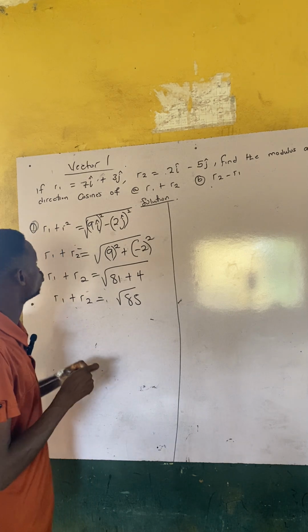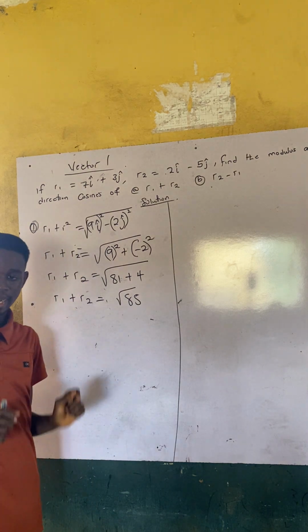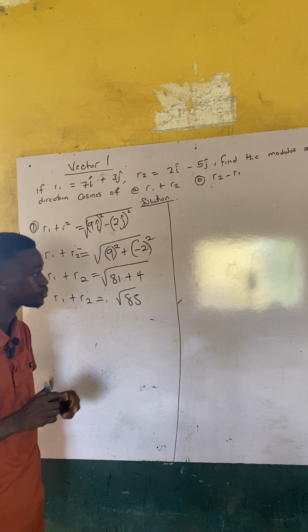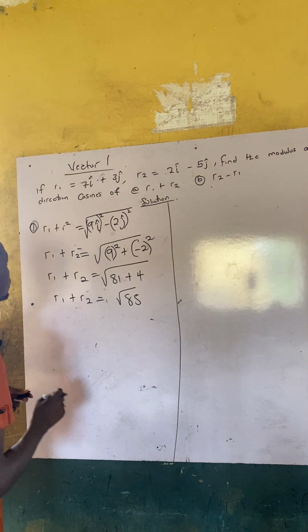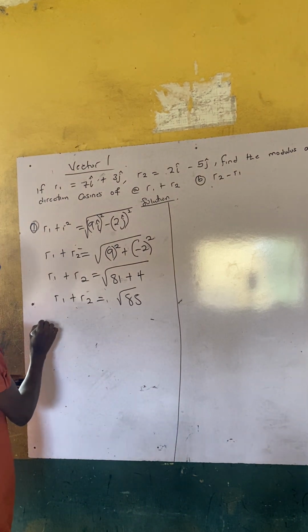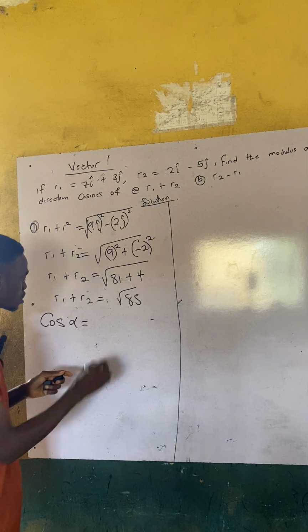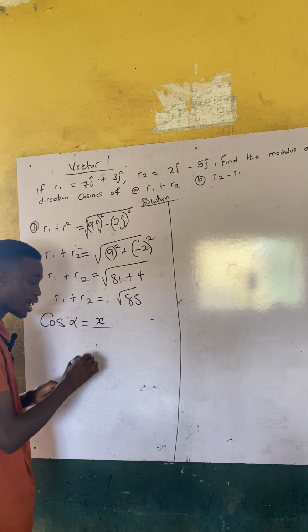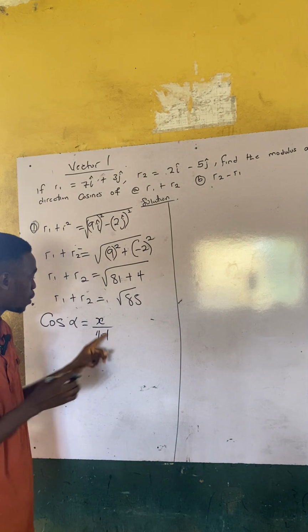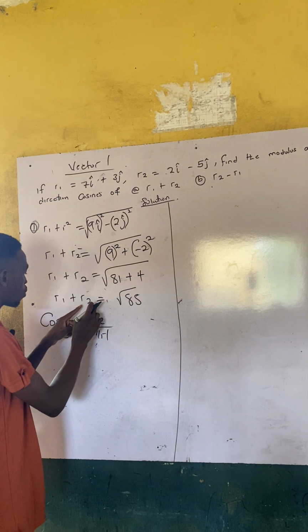The next thing to do is to find the direction cosine. Now, to solve this, cos alpha will be equal to x over your resultant. You know that we have already gotten our resultant, which is R1 plus R2.